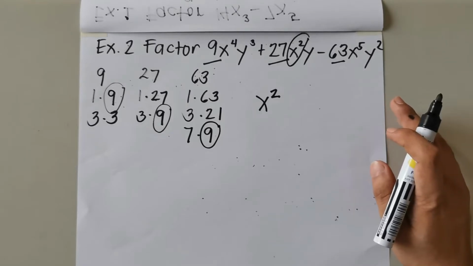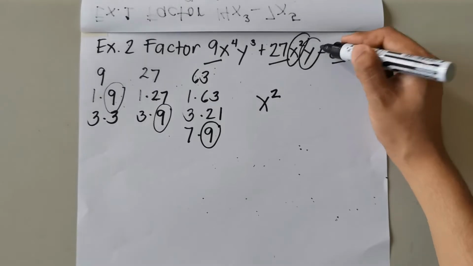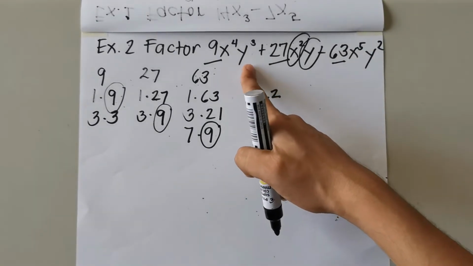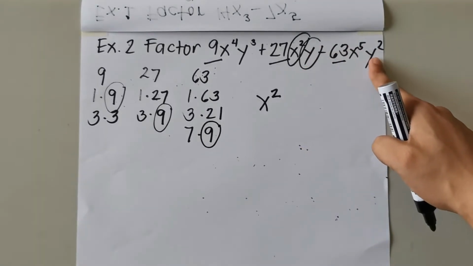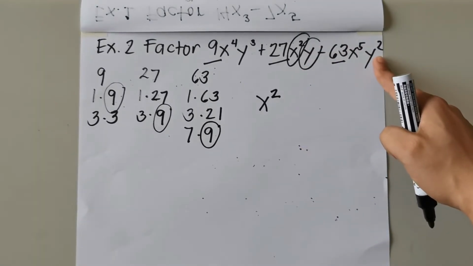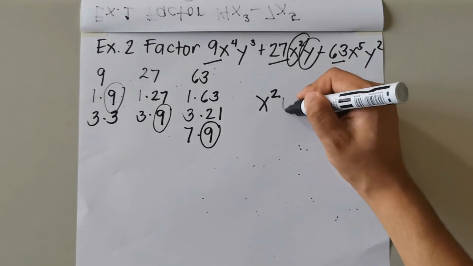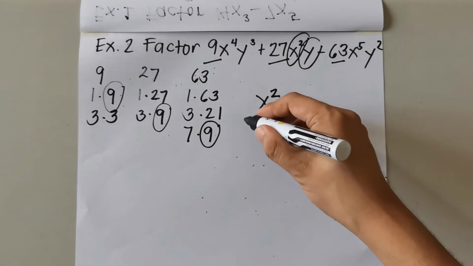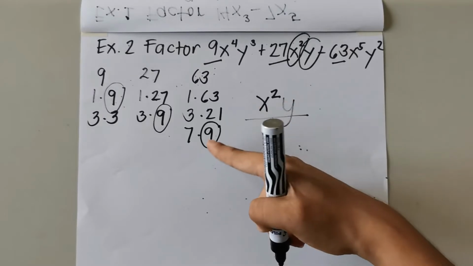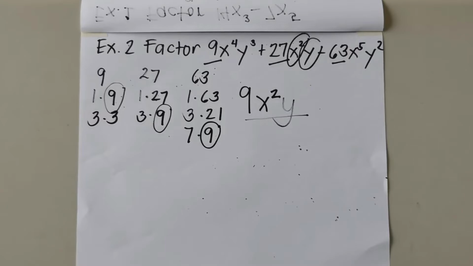While on y, we are going to choose also the one on the middle term. Because in the first term, the exponent is 3. In here, the exponent is 1. And on the last term, the exponent is 2. So definitely, the y having the lowest exponent is the one in the middle. So copy y. Now, use this together with our GCF, which is 9, to divide the terms of the given polynomial.